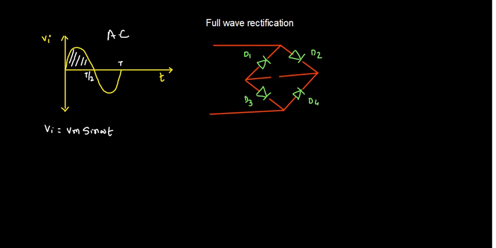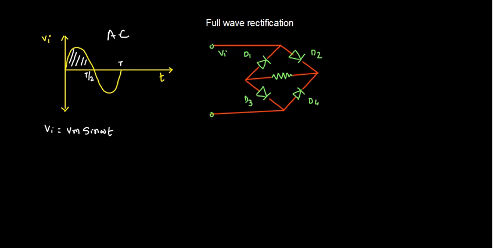Here we are going to give our load resistance. This is nothing but our load resistance. These are the input side. I have not drawn the transformer part here. So this is V input.